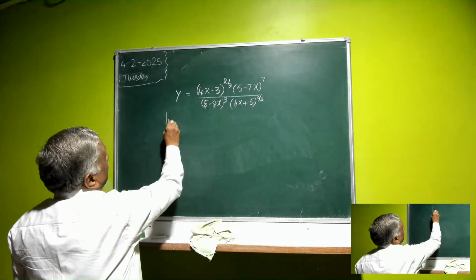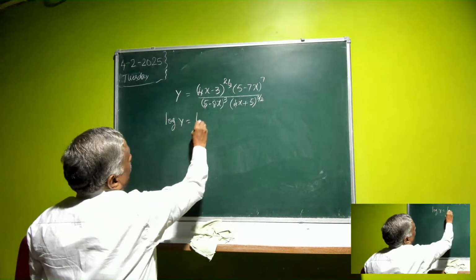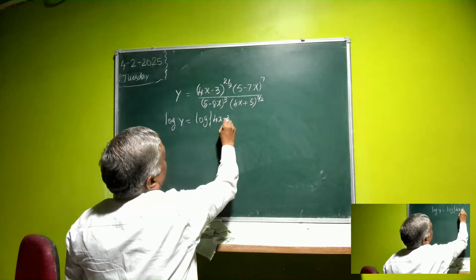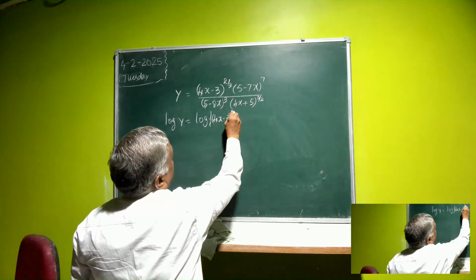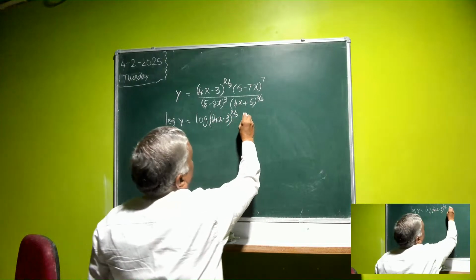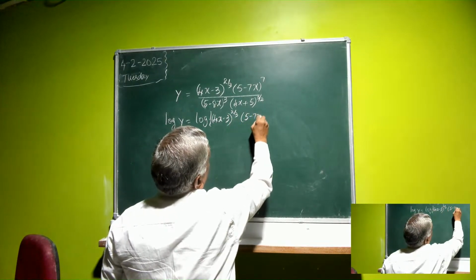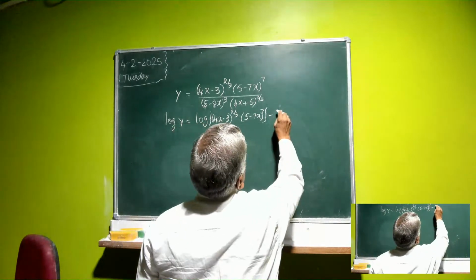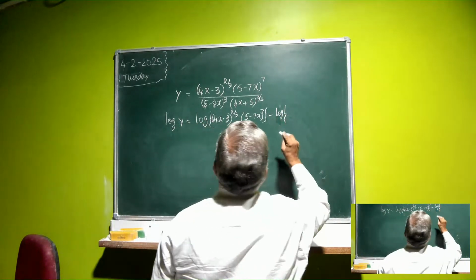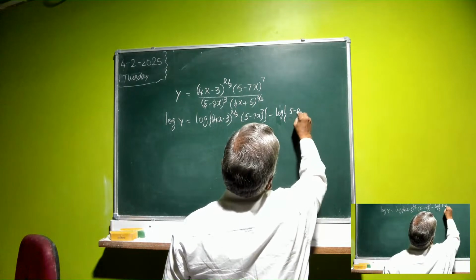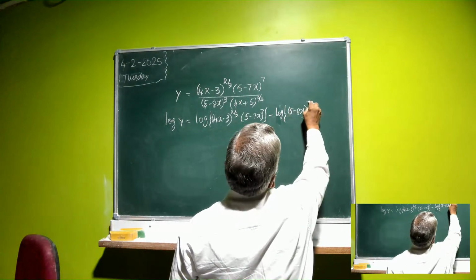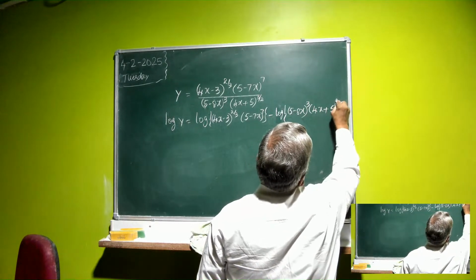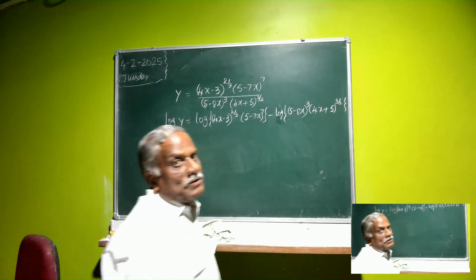Therefore, when you take logarithm, log y is equal to log of numerator, 4x minus 3 to the power of 2 by 3, 5 minus 7x to the power of 7, minus log of 5 minus 8x to the power of 3 into 4x plus 5 to the power of 3 by 2.